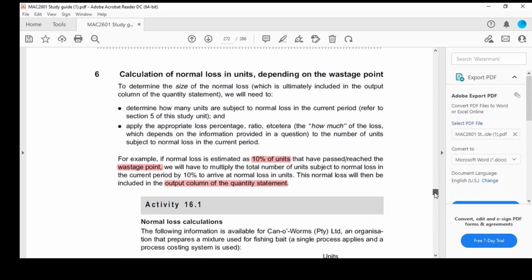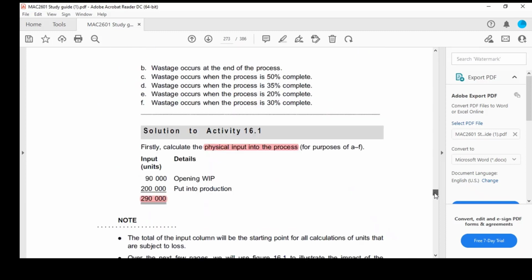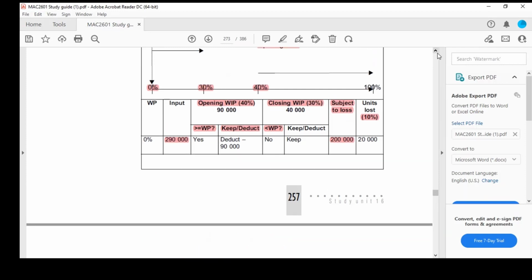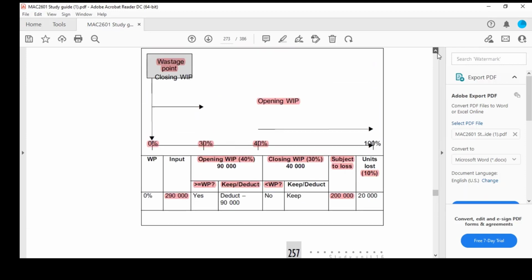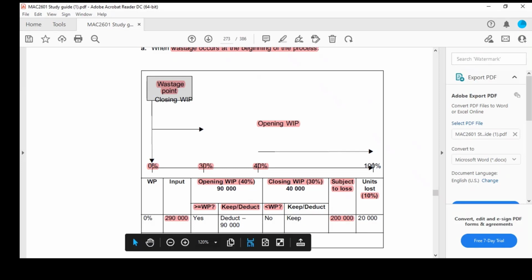There's another scenario that we're going to look at now, but are we all understanding this scenario where the loss happened at the beginning? Sorry, ma'am. Yes, I understand with the opening WIP that is greater than the wastage point, the 40%. I'm just a bit confused with the 30%, the closing WIP. The closing, why? Yes, same scenario.